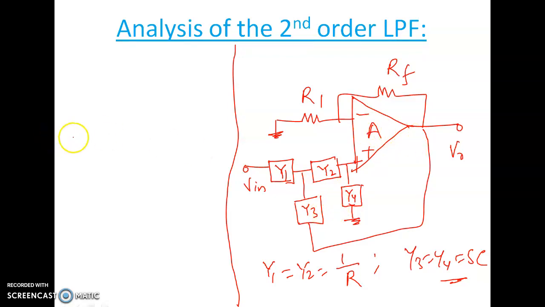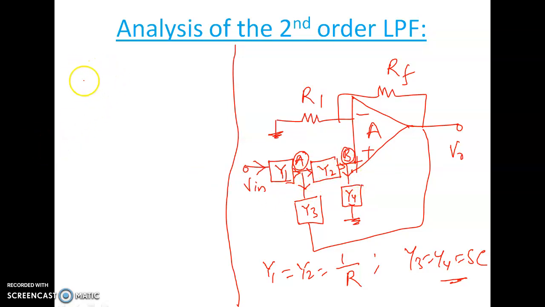Now let us start the discussion of the analysis part of this filter. Here I am taking this as node A, this is node B, and see the direction of the currents. This is the direction of the currents I am going to consider.